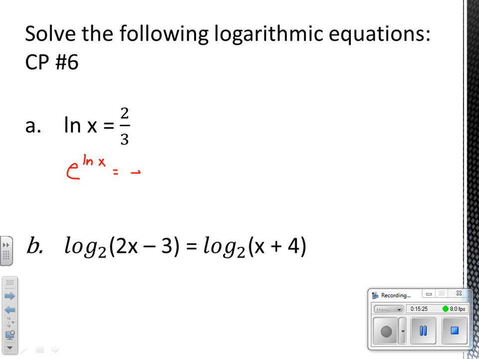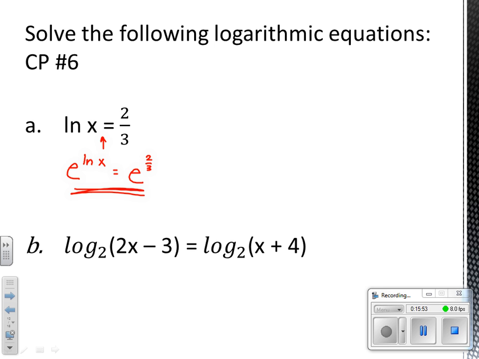I'm going to make each of these a power of e. If this was here and we were working back up to this, I think you guys would see the one-to-one property and come up with that statement above it. So I'm working it backwards. If that came from a one-to-one, what kind of statement would lead me there? Well, e to the ln of x equals e to the 2/3 would.